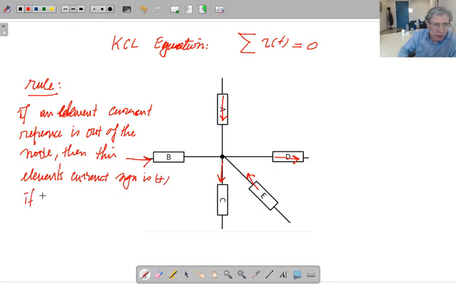If it is towards the node, then the sign is negative.